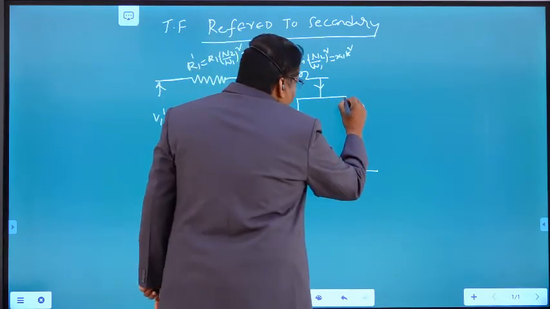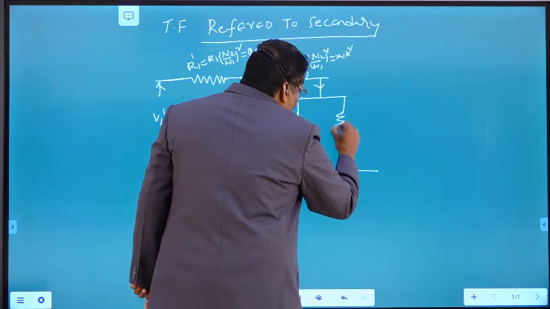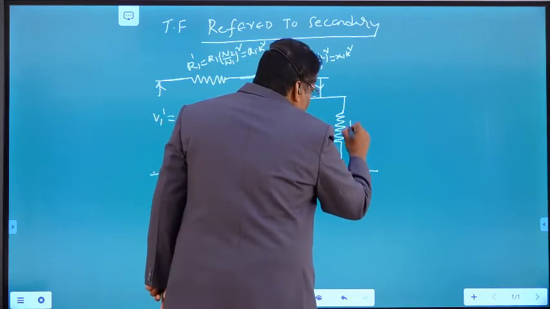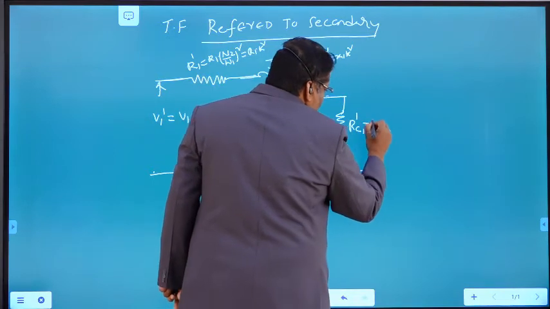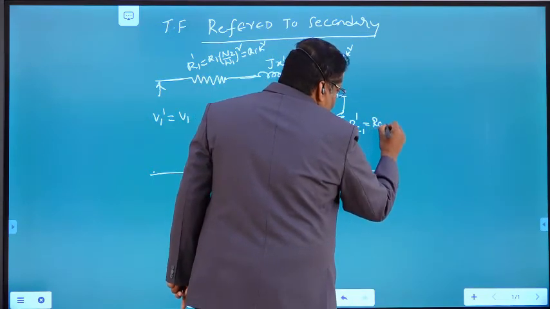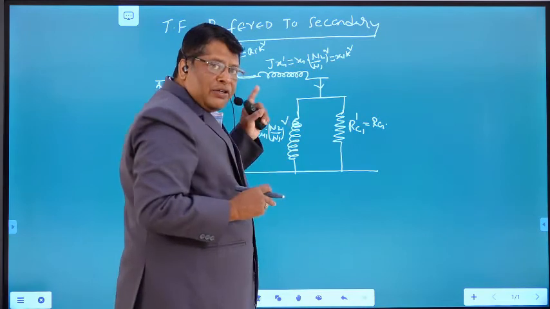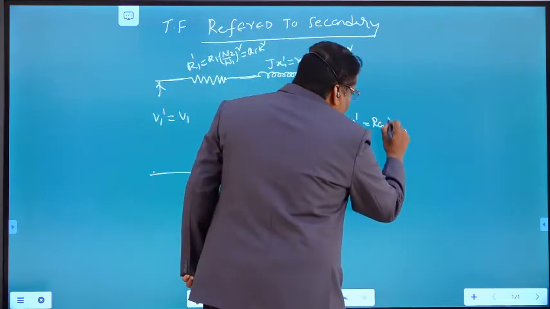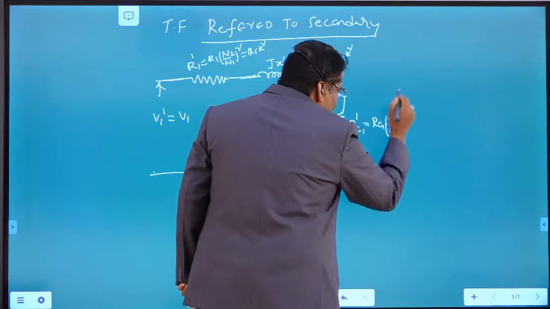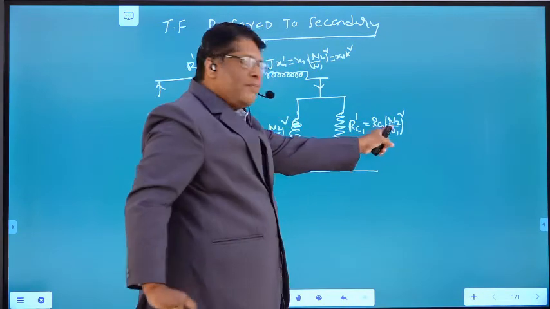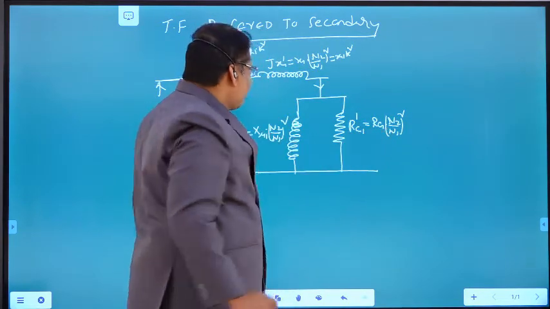Again here, the core loss resistance RC1 dash is equal to RC1, the resistance with reference to the primary, into the number of turns in secondary divided by the number of turns in primary, whole square. This value again becomes K square.